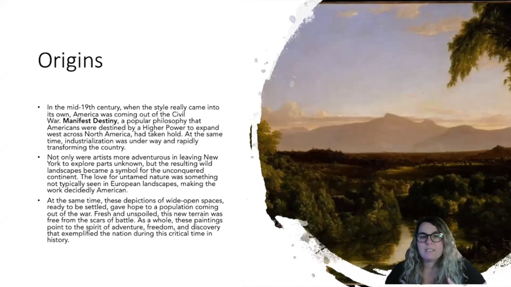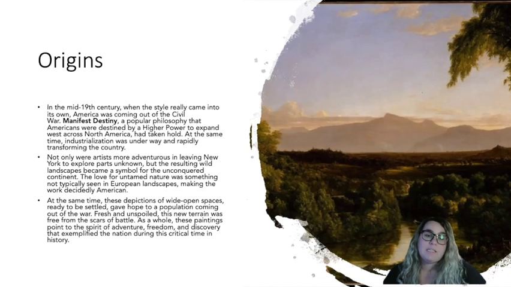So in the mid-19th century, when this style was really coming into its own and towards the end of that, America was starting to come out of the Civil War in the 1860s. Manifest destiny was a popular philosophy during this time, that Americans were destined by a higher power to expand west across North America, and that had really started to take root and take hold.